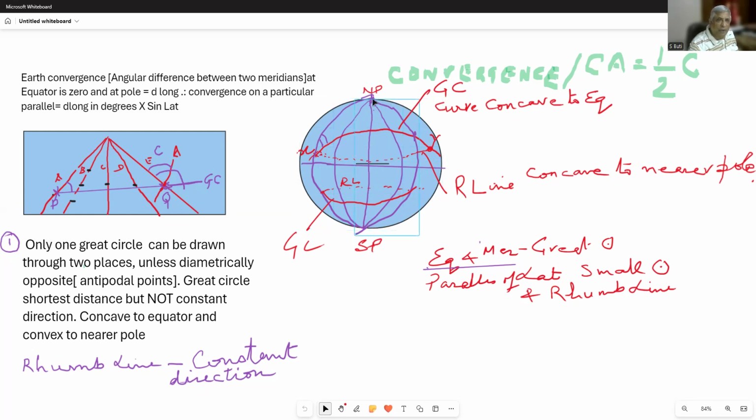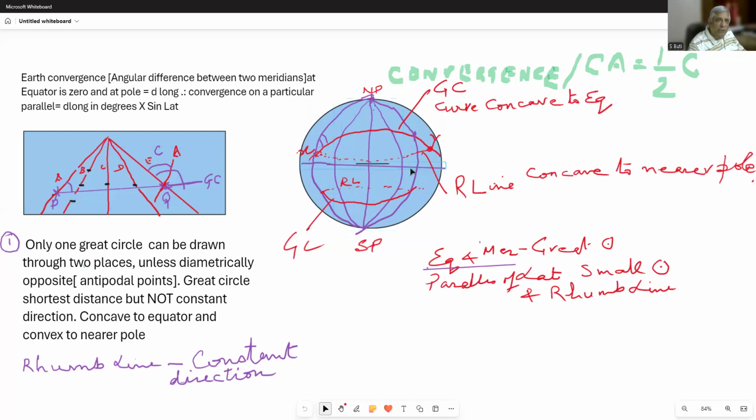Similarly, the vertical circles, we draw a circle 90 degrees to the equator. We draw 180 circles to the east, 180 to the west at 1 degree apart. Total will give us 360 degrees. These are numbered 180 to the east, 180 to the west, and one of these is named as the prime meridian, from where the readings are taken.